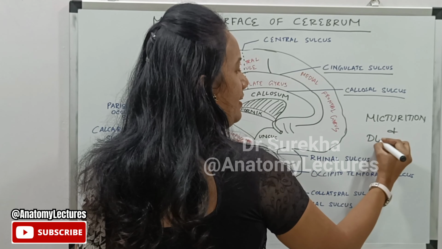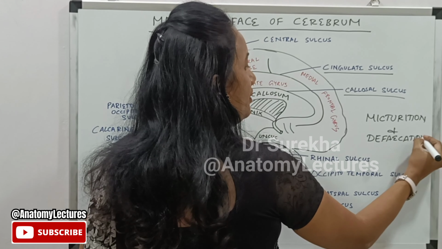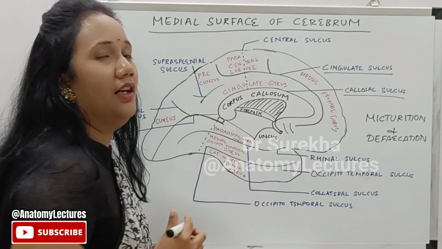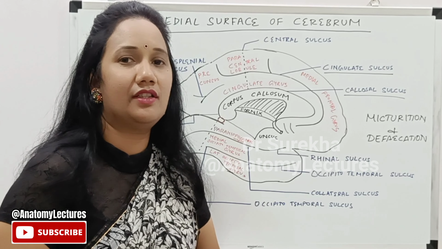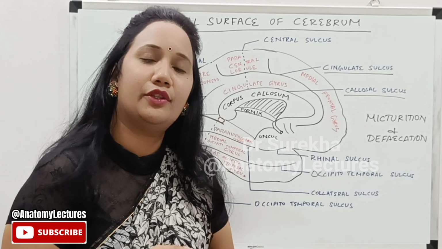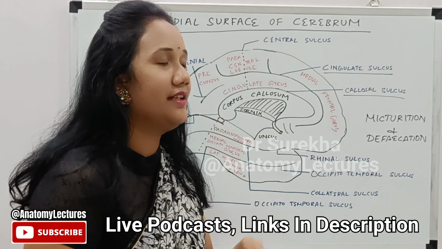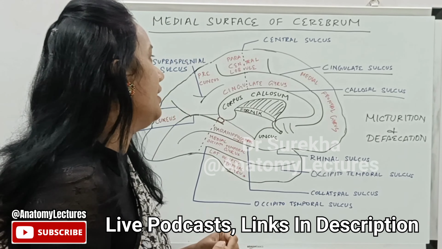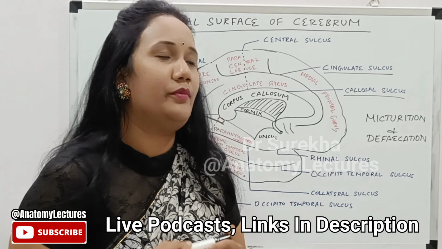In case the blood supply to this area is hampered, the patient will have incontinence for urine as well as for stools, because this is the highest center for micturition and defecation.